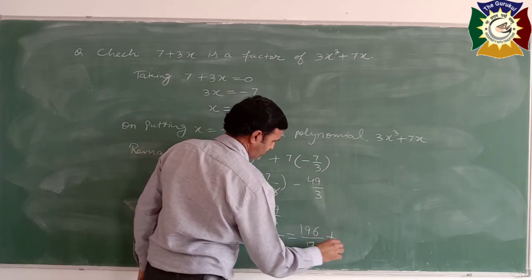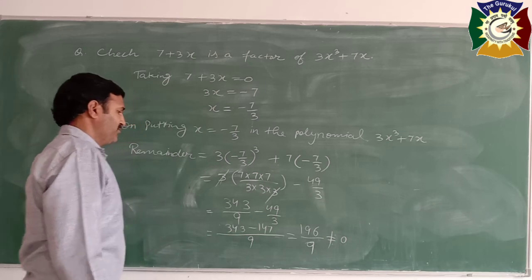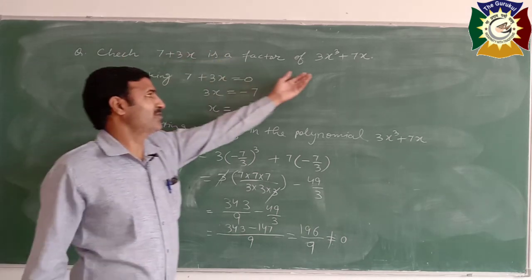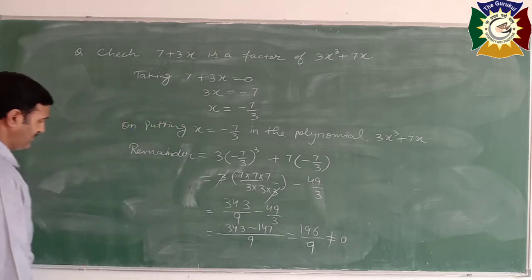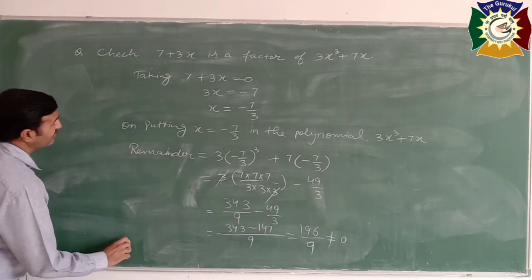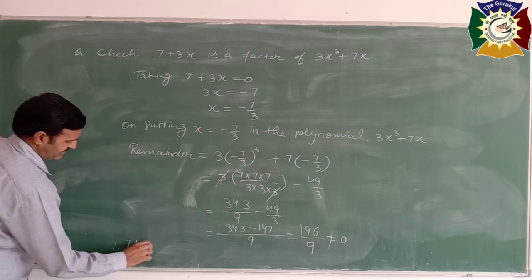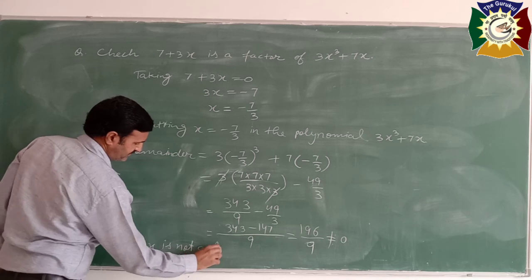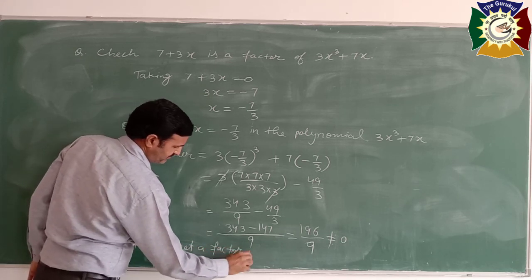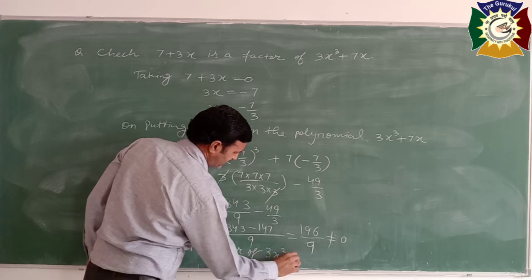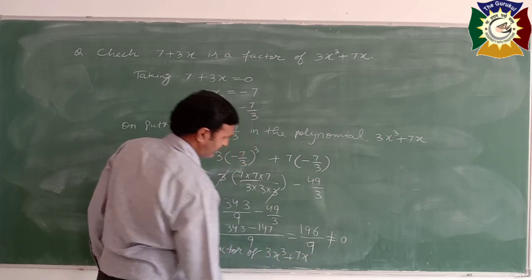This is non-zero. So we can say the given linear polynomial is not a factor of 3x cube plus 7x, because the remainder is non-zero. Therefore 7 plus 3x is not a factor of the other polynomial 3x cube plus 7x.